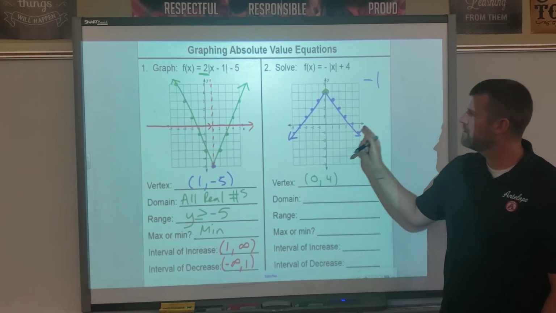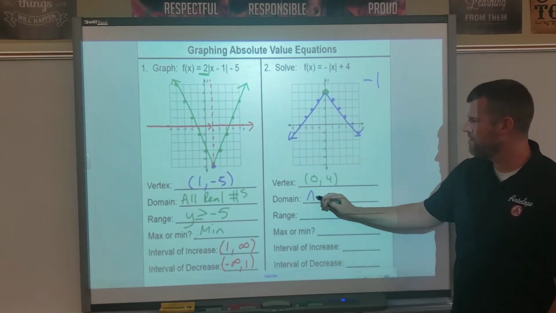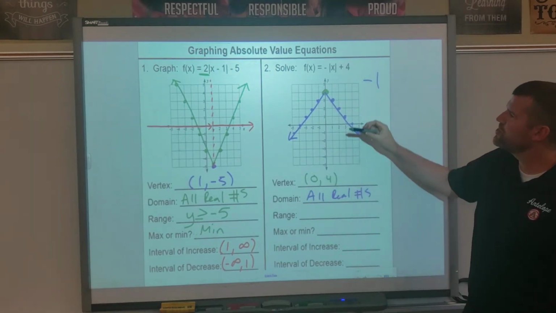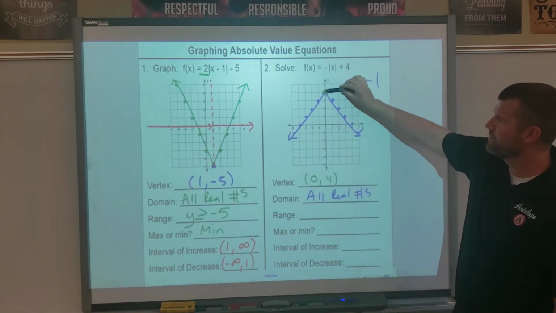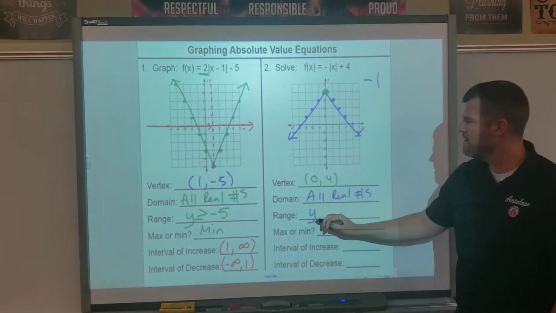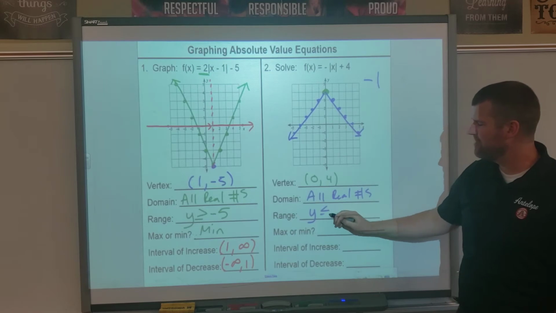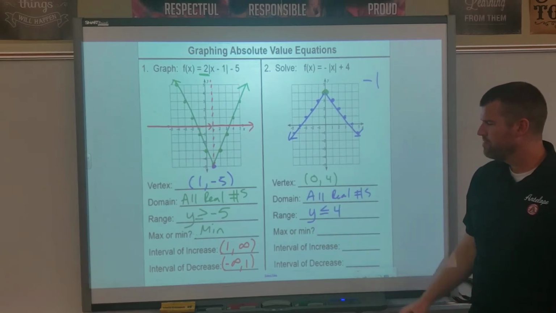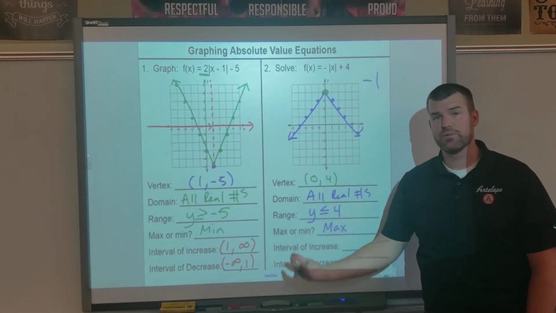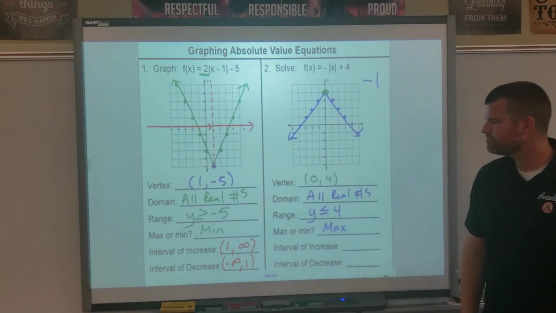Our domain goes forever left and right, so all real numbers. For our range, the highest y value we reached was 4. We never go above 4. So all the y values on the graph are less than or equal to 4, because 4 was our maximum, which means every other y value will be smaller or equal.